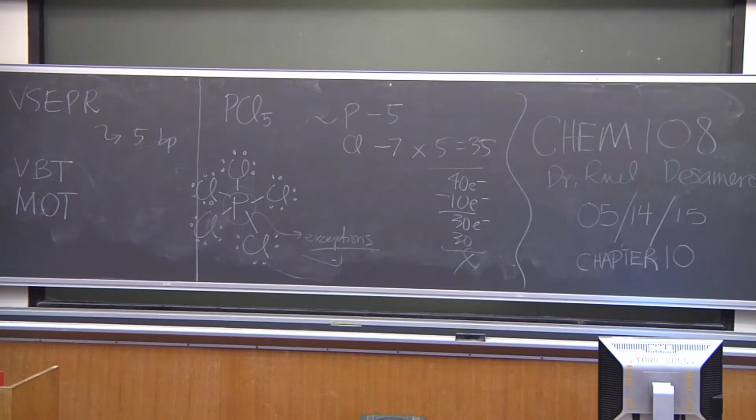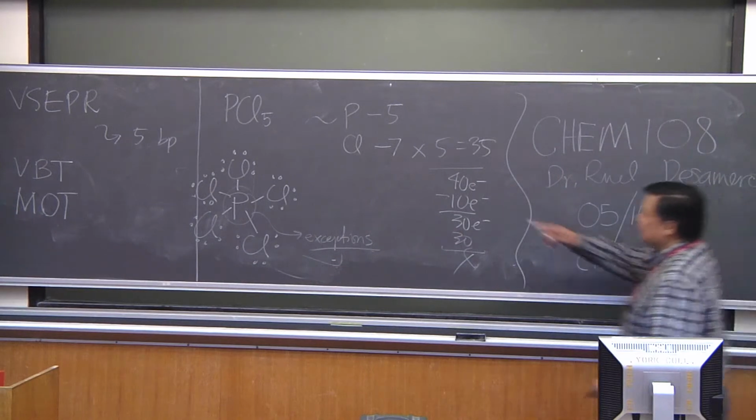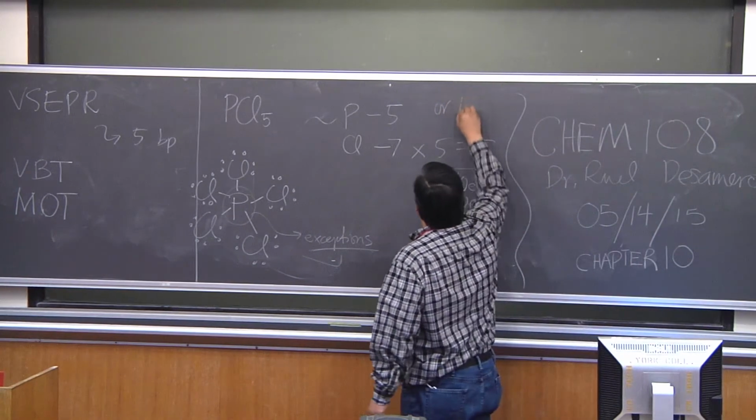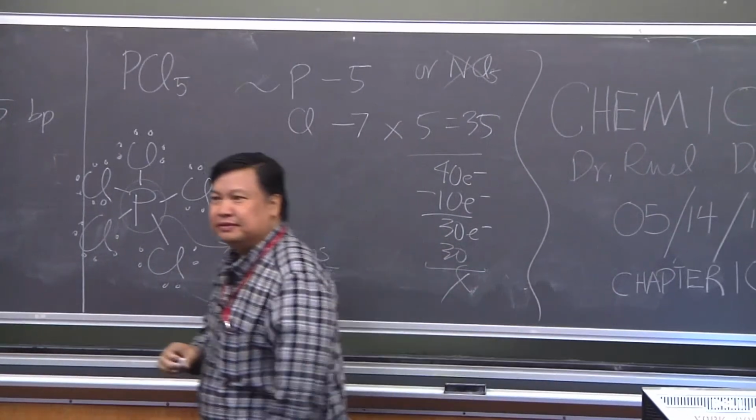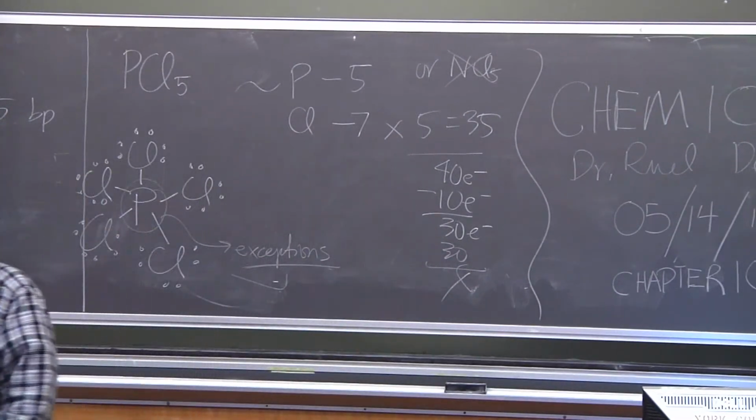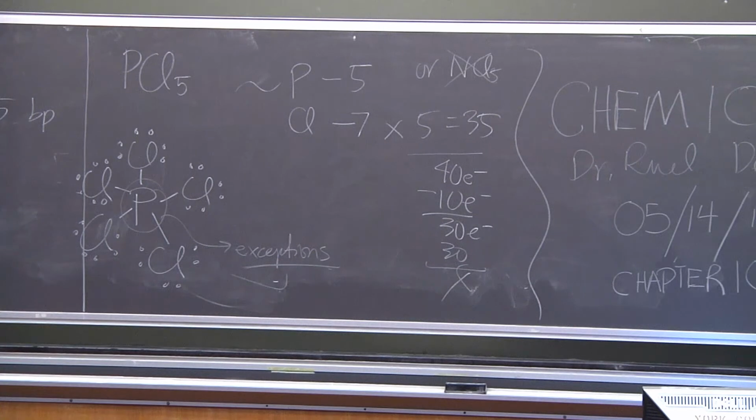If that was nitrogen, is that possible? No, because nitrogen is in the second period, so it cannot have an expanded octet. So if the question says which one is a real molecule, PCl5 or NCl5, you say NCl5 is not possible, because nitrogen cannot have an expanded octet.